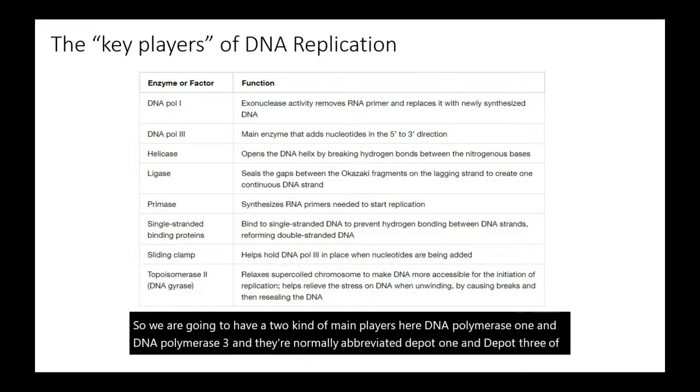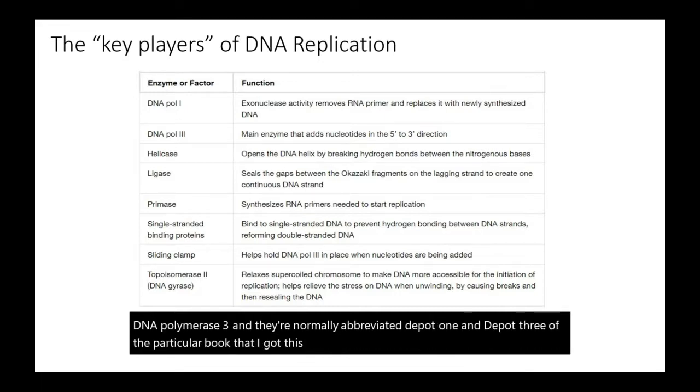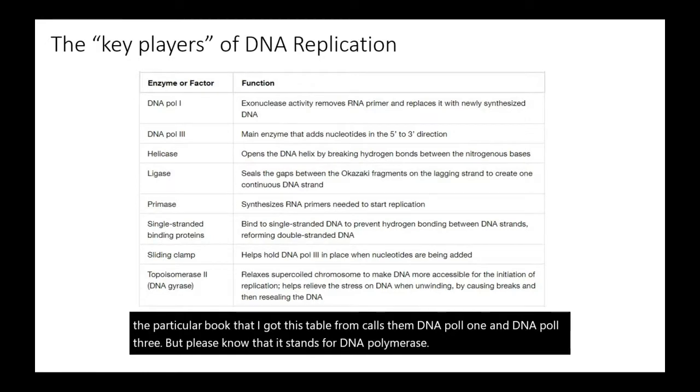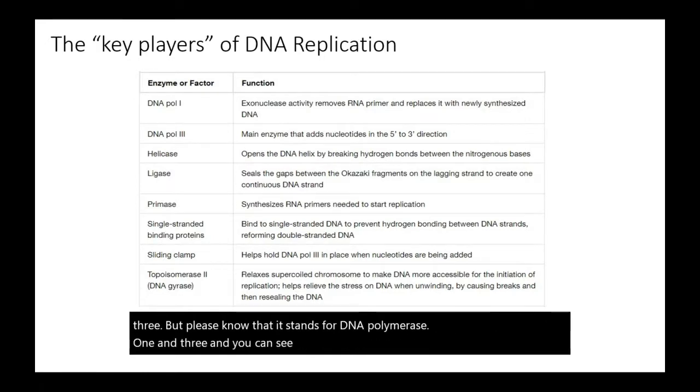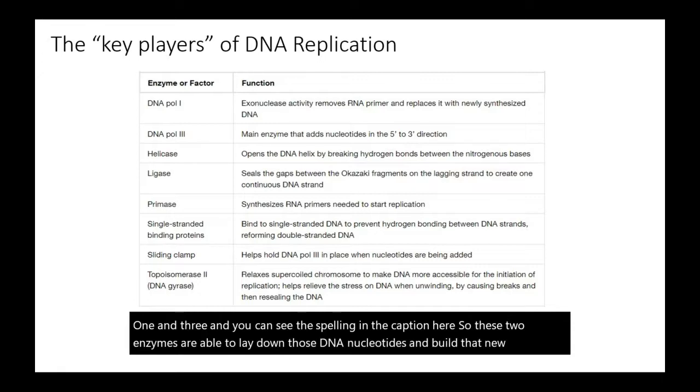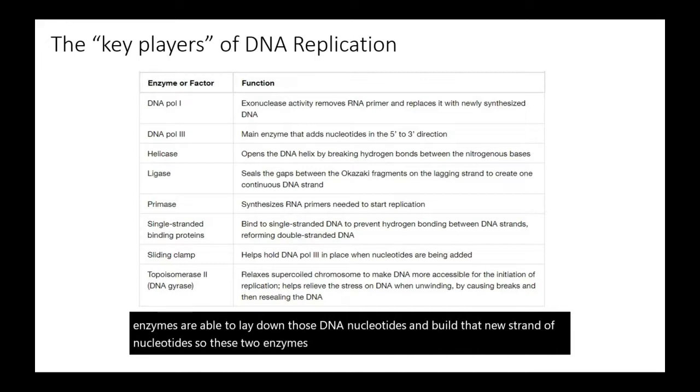The particular book that I got this table from calls them DNA pol1 and DNA pol3, but please know that it stands for DNA polymerase 1 and 3, and you can see the spelling in the caption here. These two enzymes are able to lay down those DNA nucleotides and build that new strand of nucleotides. So these two enzymes are going to be the ones actually building that new strand.